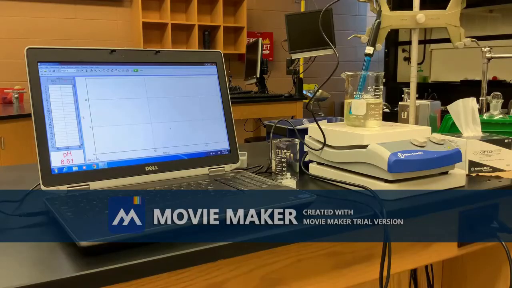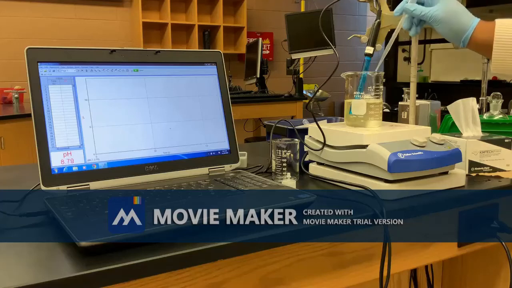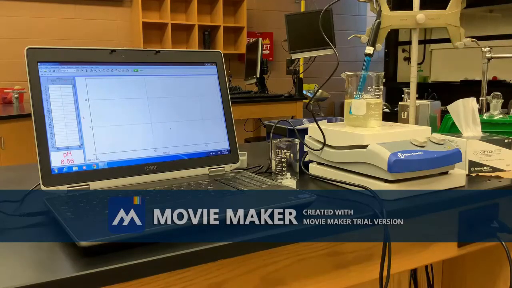Now that's 10. So now I've added a total of 20 milliliters, I'm sorry, 20 drops, which is equivalent to 1 milliliter.